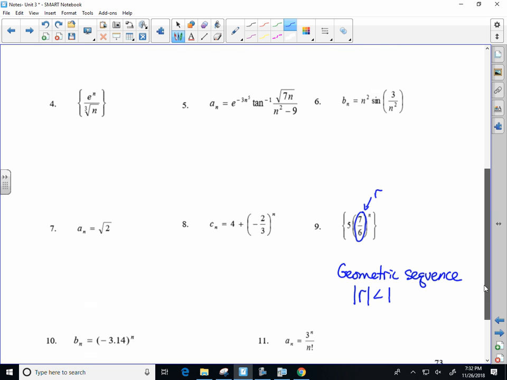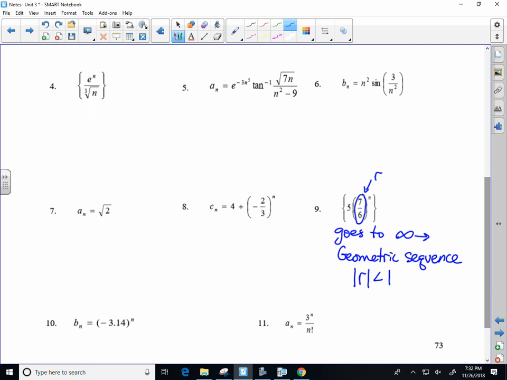Goes to infinity. So we say it diverges. And that would be because, of course, R is greater than 1. I was merely seeing if you were all paying attention.